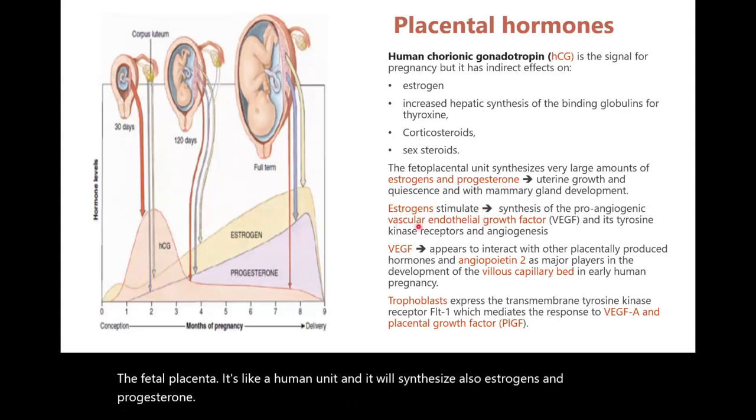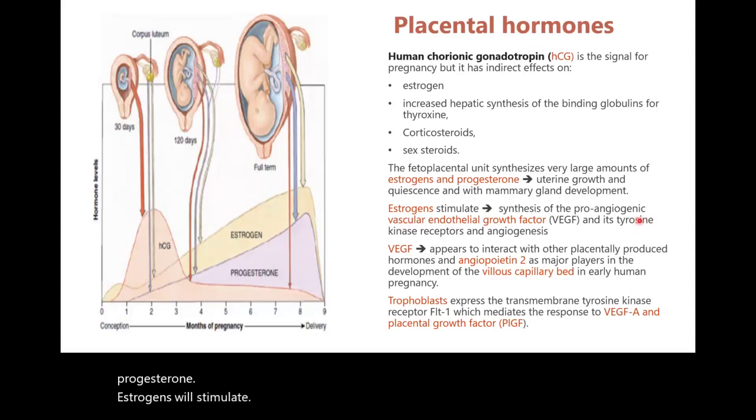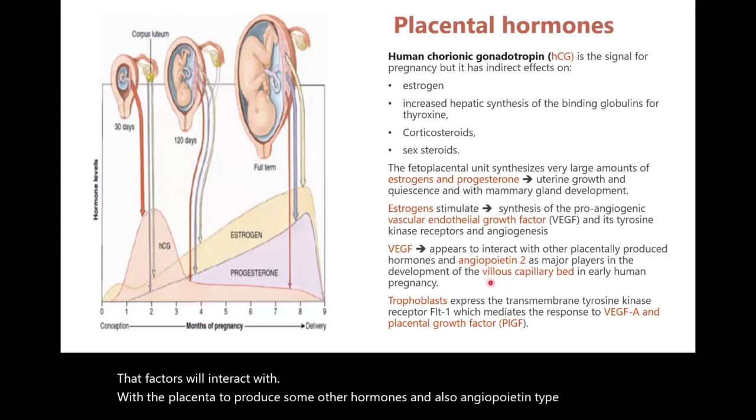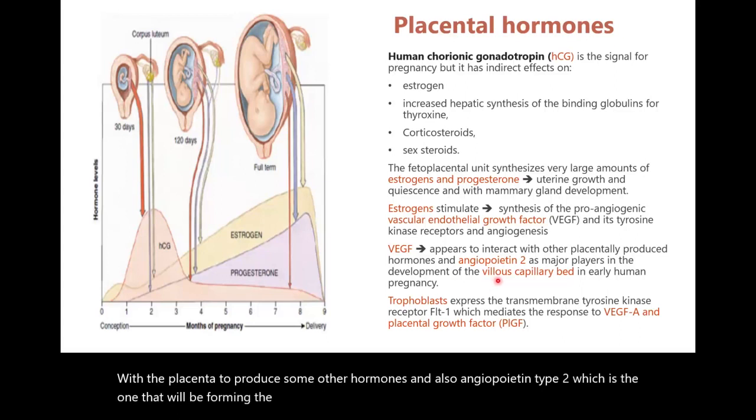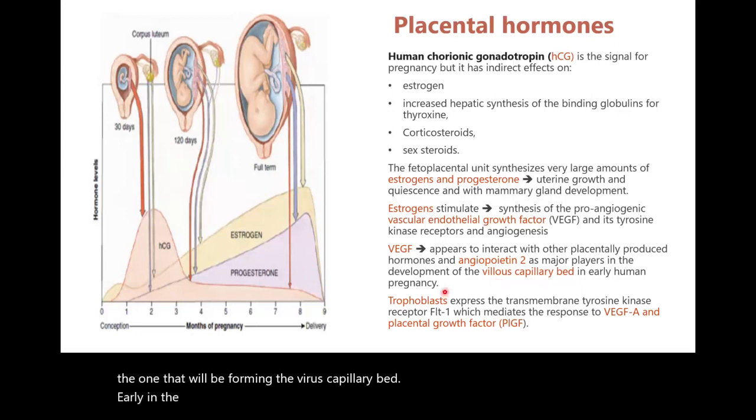Estrogens will stimulate a pro-angiogenic factor that's called VEGF, vascular endothelial growth factor. That factor will interact with the placenta to produce some other hormones, and also angiopoietin type 2, which is the one that will be forming the villus capillary bed early in the first trimester.